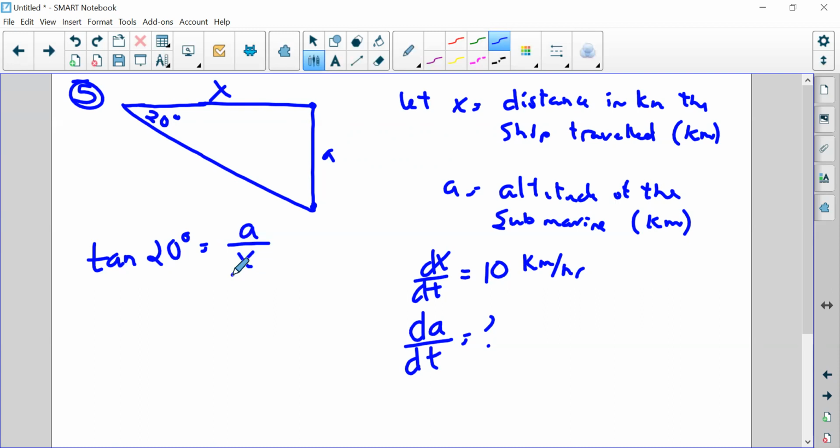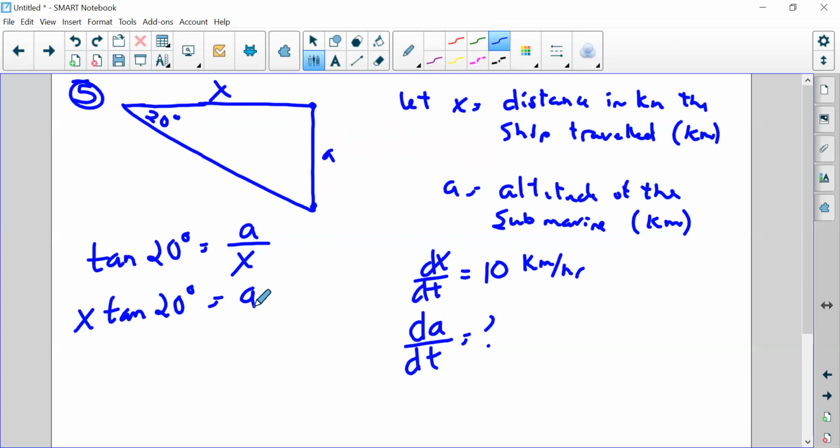So tangent of 20 degrees is equal to A over x. Since I want to find dA/dt, I can solve this and get x times tangent of 20 degrees equals A. Now, tangent of 20 degrees, is that a variable or a constant? That's a constant. So this is just a number times x equals A.